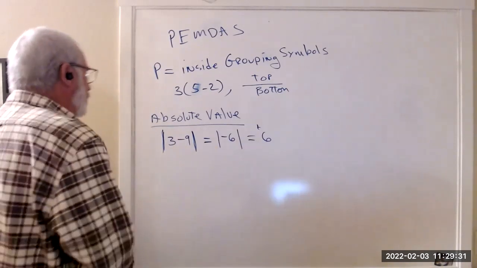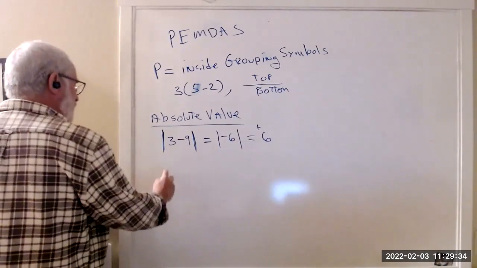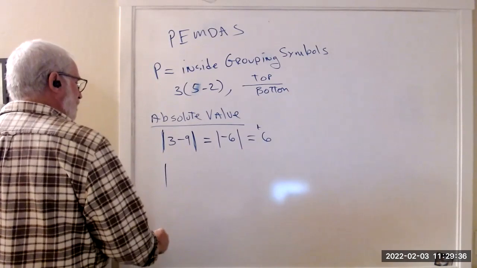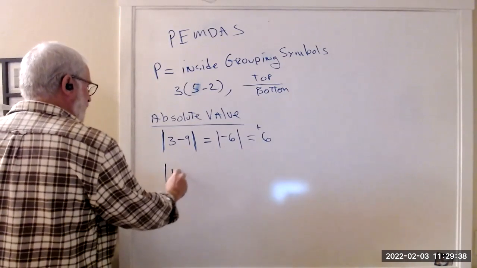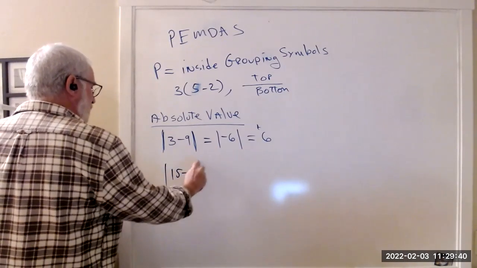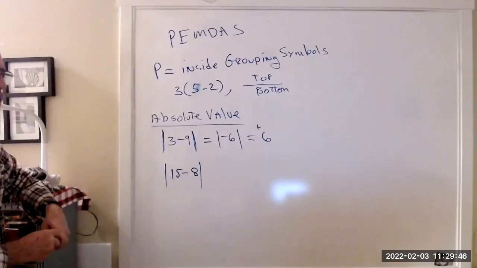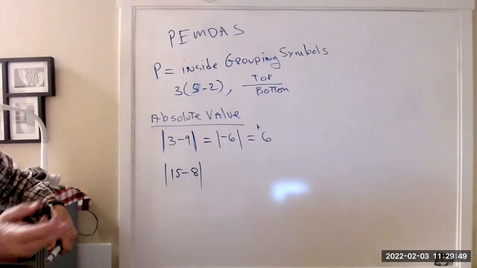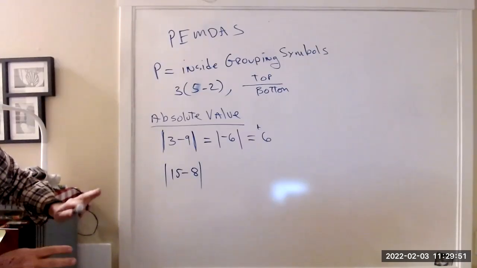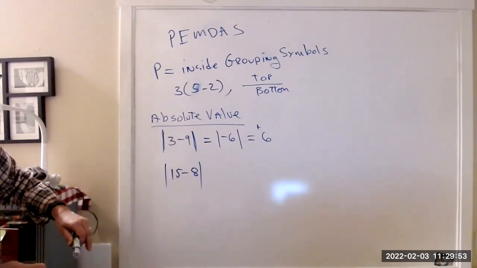Okay, so let's take something like 15 take away 8. Real quick, so absolute value will never have a negative answer. Well, hang on, I'm going to try and screw you up in a minute, but yes, the answer will never be negative.